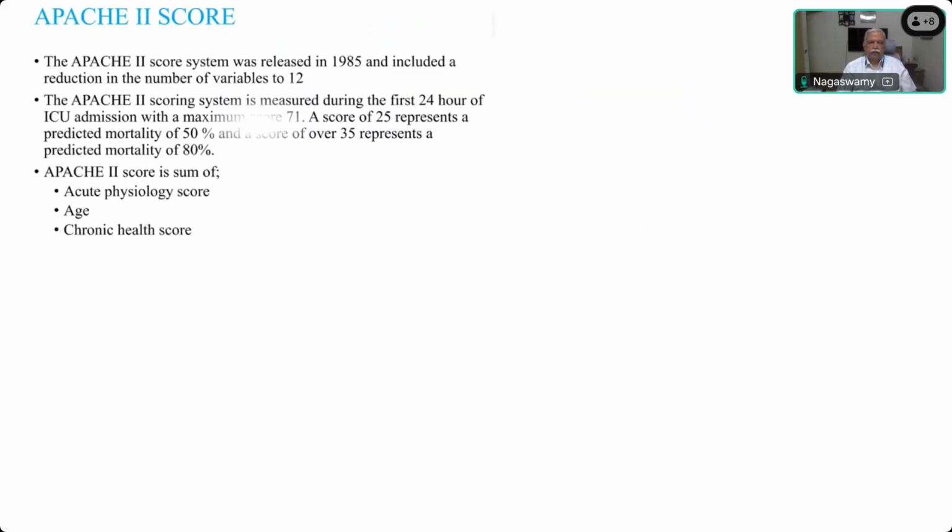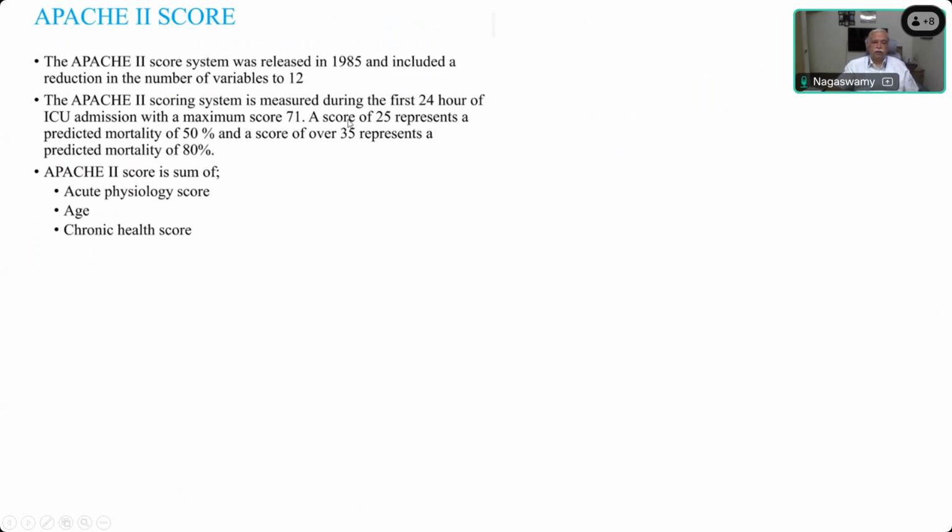Then Apache 2 came in 1985. It included only 12 variables. The Apache 2 scoring system is measured during the first 24 hours of ICU admission and has a maximum score of 71. A score of 25 represents a predicted mortality of 50%, and if the score becomes 35, the mortality is as high as 80%.